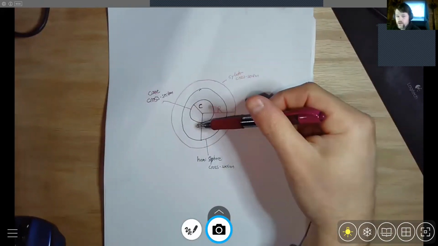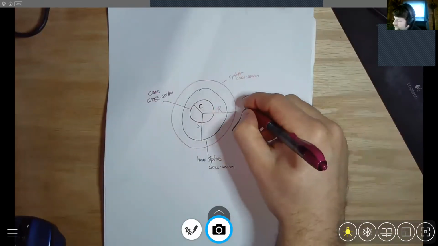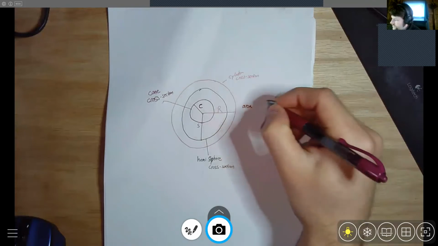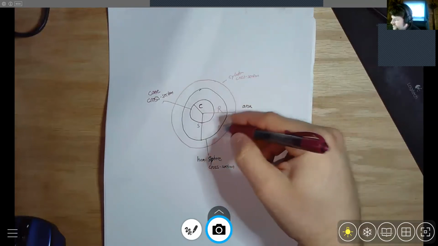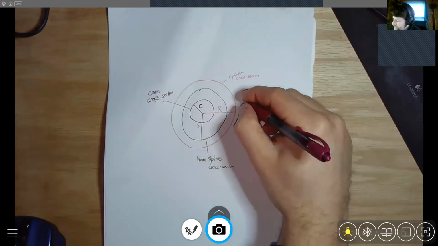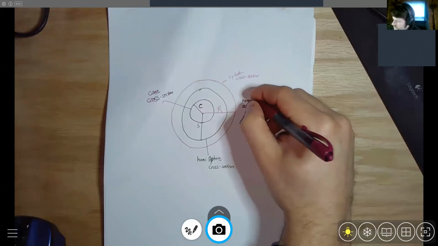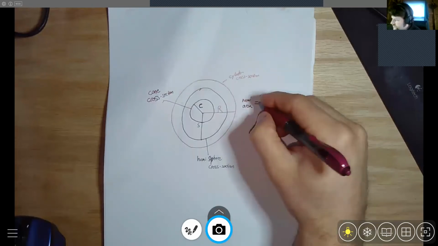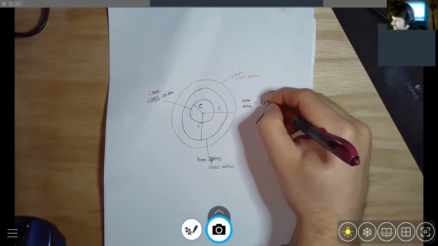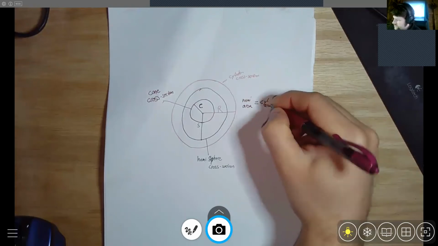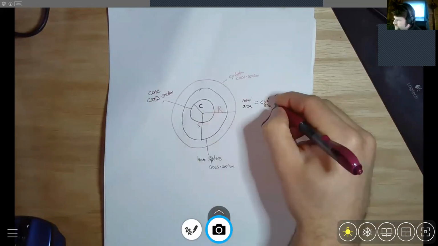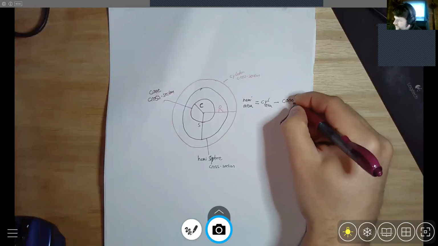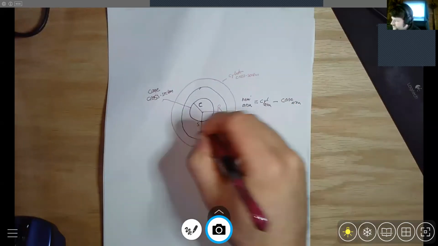So looking back at here, what we're saying is if we took the area of the hemisphere, which is the green circle here, that is going to equal the area of the cylinder, so this circle, subtract the cone area, which is the inner circle.